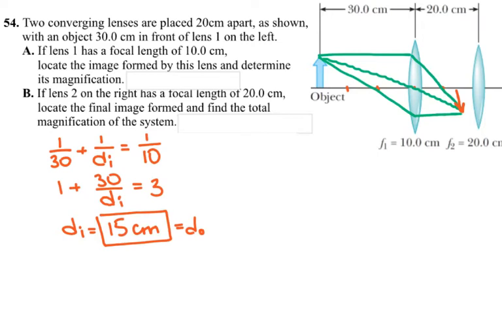So for the second lens, we have a ray parallel to the axis and then through the focal point, and the focal length is 20. I don't have room here to fit it, so it would go far away.